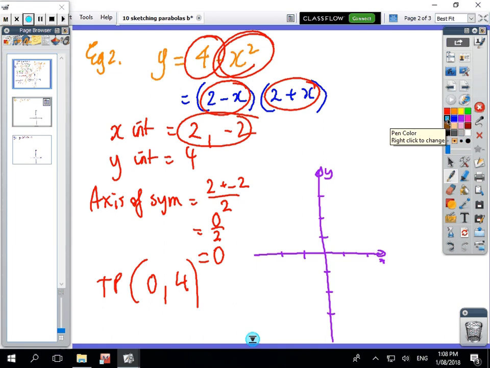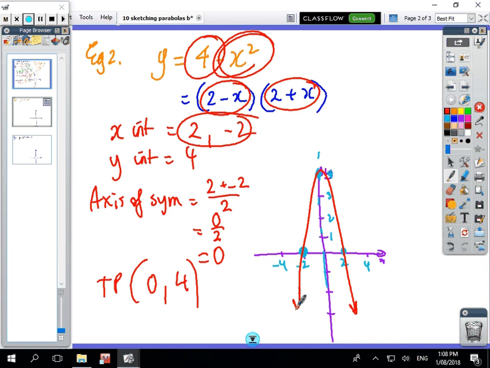And so we've got minus 2, minus 4, 2, 4, and put a dot there, 1, 2, 3, 4. The axis of symmetry is there. And we've finished. So we've got a concave down parabola, symmetrical about the y-axis.